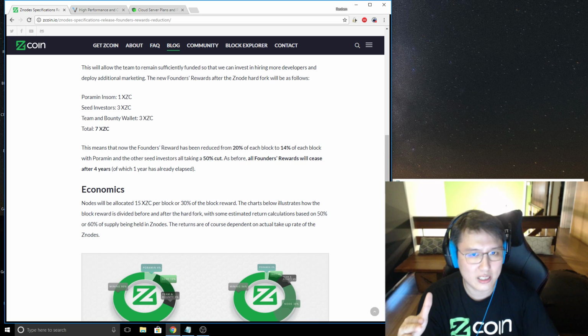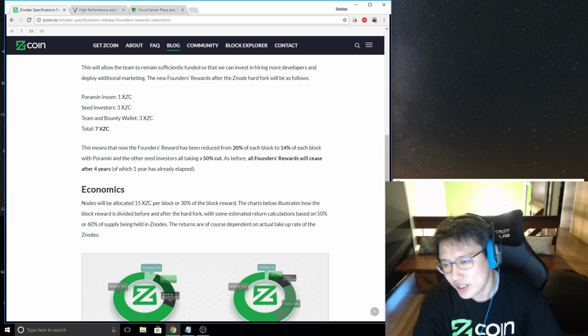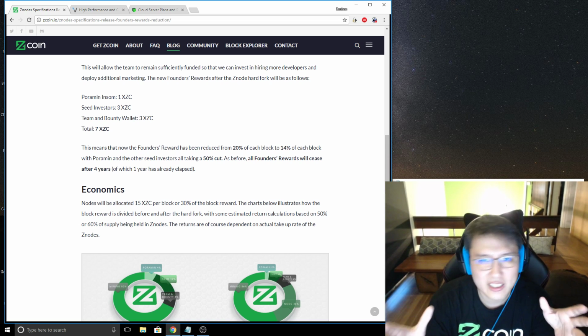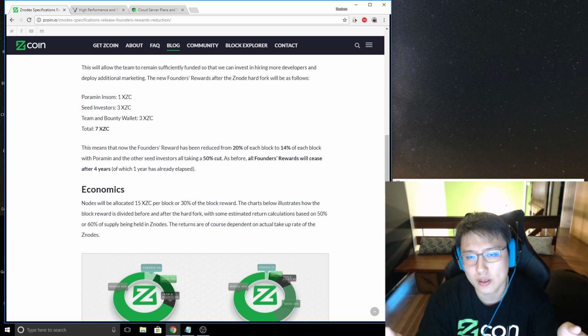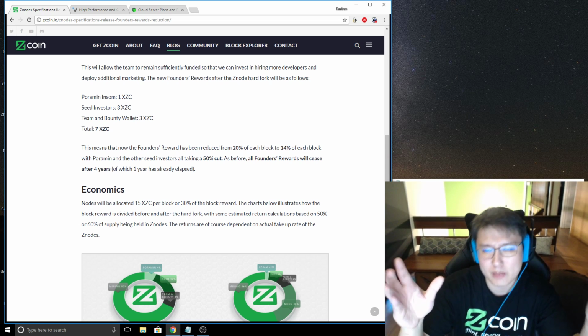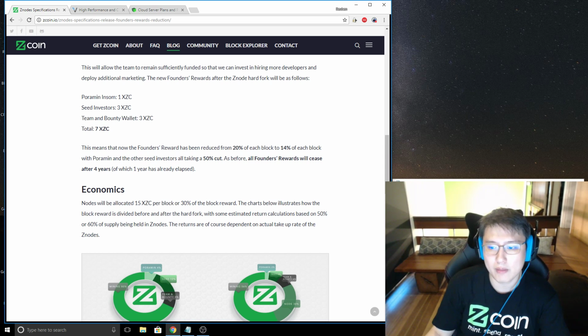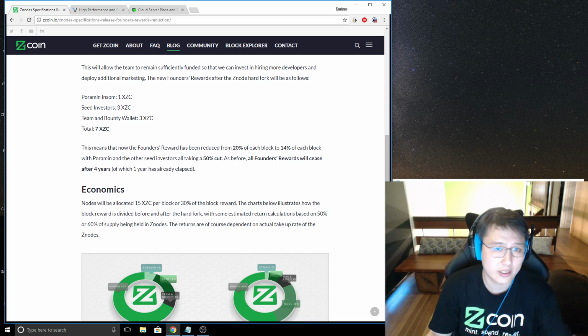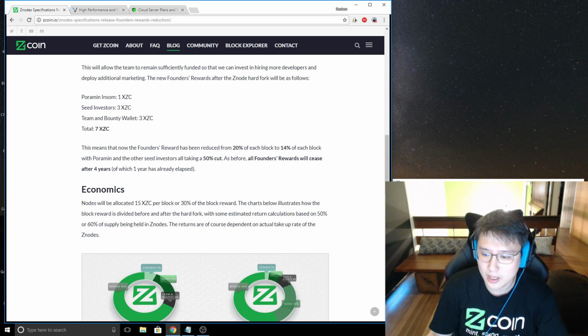So that also adds a sort of economic stability, but there's no technical reason that's going to stop you from pulling out the money whenever you want. So don't think about it as being locked. These funds can be used at any time. You just lose your Znode status, close your node, and that's it.